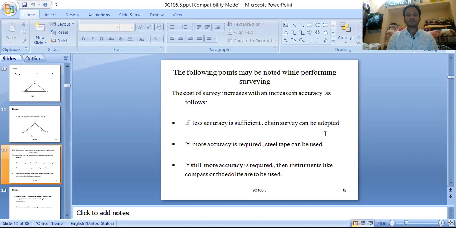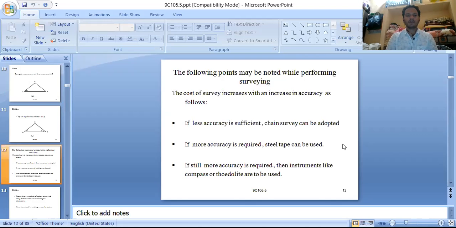So the following points may be noted while performing surveying. The cost of survey increases with an increase in accuracy as follows. If less accuracy is sufficient, chain survey can be adopted, which means the accuracy required for the survey is not essential or not much more, then we can adopt chain survey.